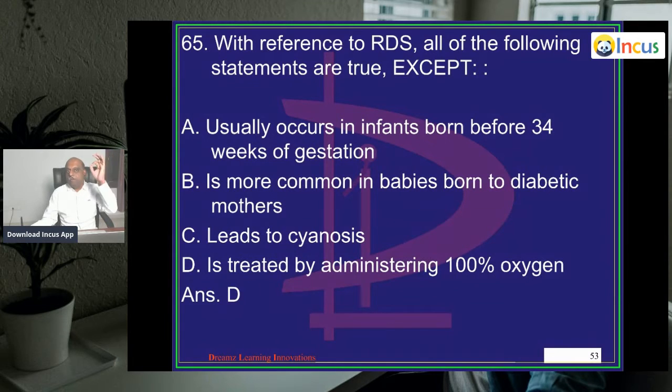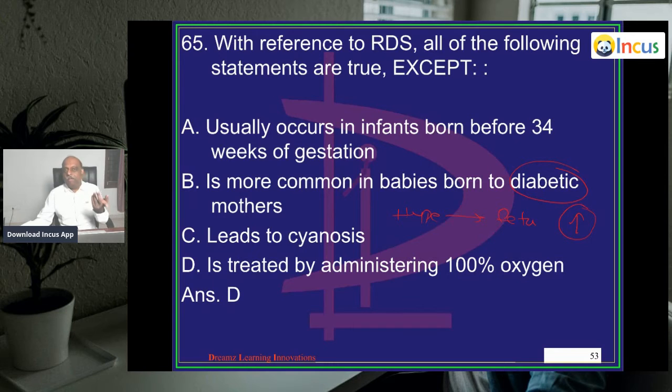Respiratory distress syndrome is a problem when surfactant is not produced in a preterm baby before 34 weeks. If there is maternal diabetes, all that hyperglycemia of the mother will go to the fetus, and fetal insulin will increase.